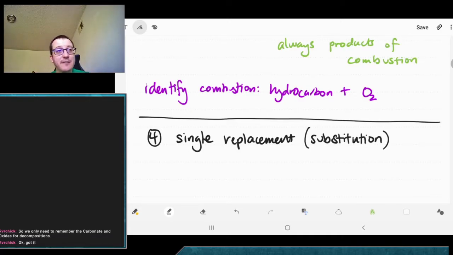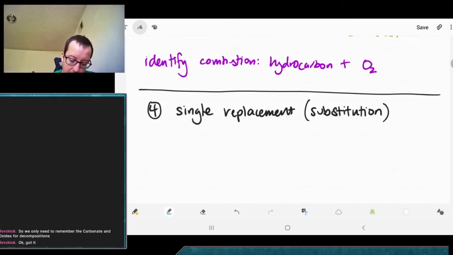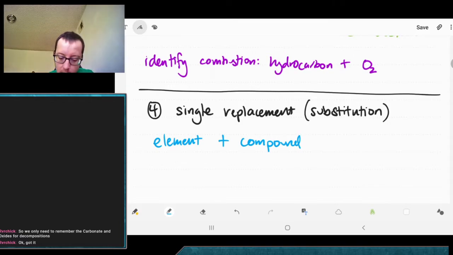And how you'll identify these is this will always come in the form of an element by itself plus a compound, and you're going to see that that will turn into an element plus a compound.